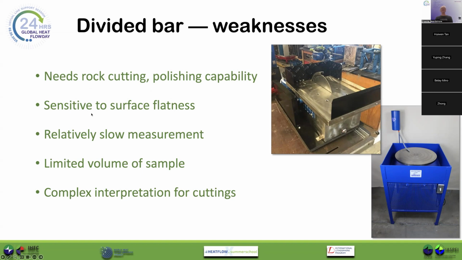Measurement results are very sensitive to the flatness of the surface of the samples, like I just talked about. It's relatively slow in terms of measurement time. It might take 10 minutes to get a measurement in a divider bar for a single sample, whereas the other instruments I'll talk about might give a measurement in just a couple of minutes.